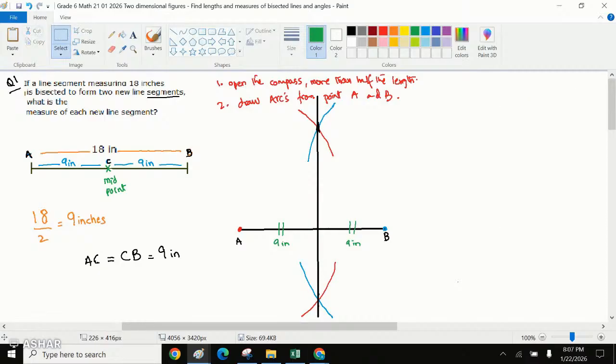If you do this on a piece of paper, you'll see that for any measure of the line, when the compass opens from point A to point B more than half, and you make arcs from point A, one at the top and one at the bottom, and the same length of compass at B, an arc at the top and at the bottom, when you join the points of intersection of the arcs, the total length will be divided into two.